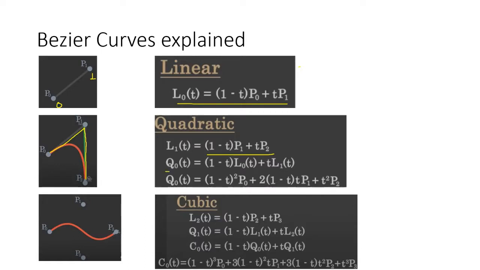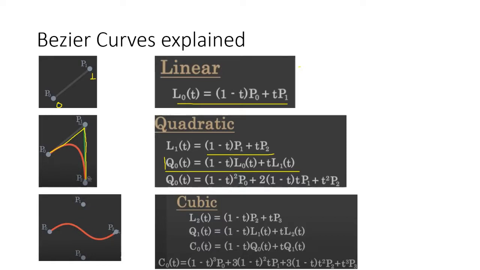Now whenever we are talking about the quadratic part, it is going to look like this, right? Because again the same concept is going to come into play. Now we are having this Q0(t), which is basically the same thing.